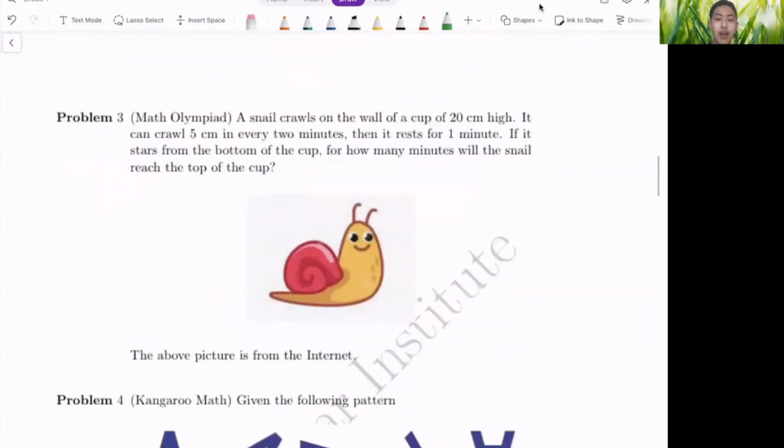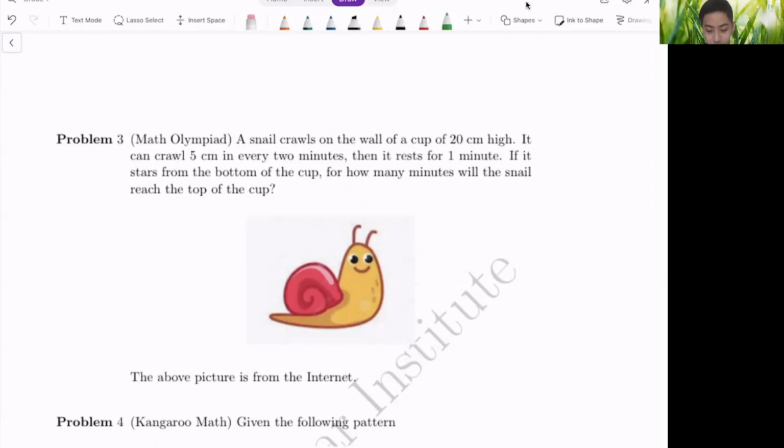Problem 3. A snail crawls on the wall of a cup of 20 centimeters high. It can crawl 2 centimeters in every 2 minutes, then it rests for 1 minute. If it starts from the bottom of the cup, for how many minutes will the snail reach the top of the cup? So let's draw the wall of a cup, which should be this shape.